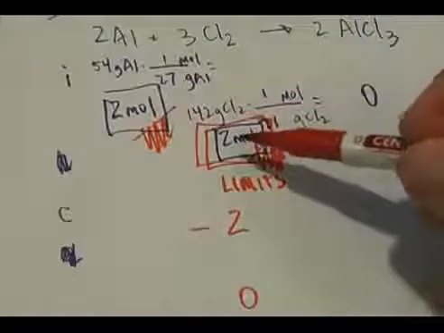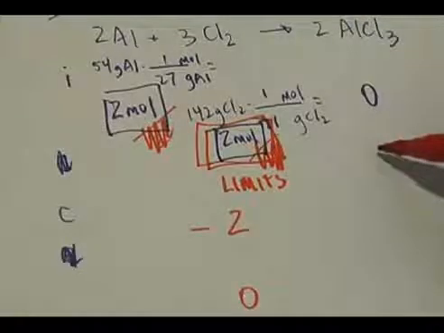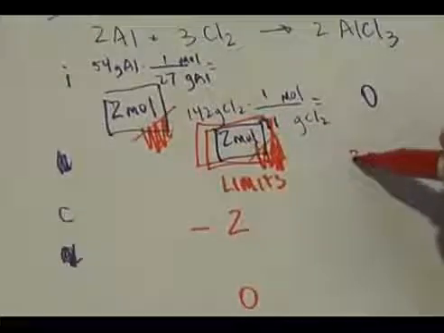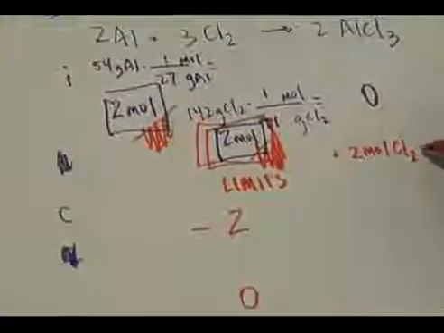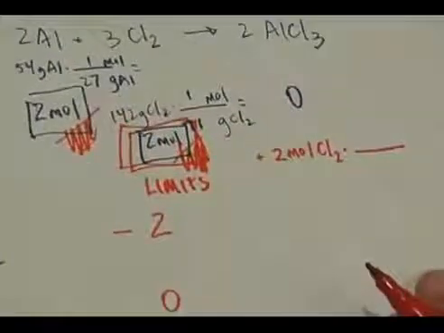I could immediately go and relate my chlorine, my limiting reactant, to the AlCl3 over here. And I can say if I lose 2 moles of the chlorine, compare it immediately to AlCl3.